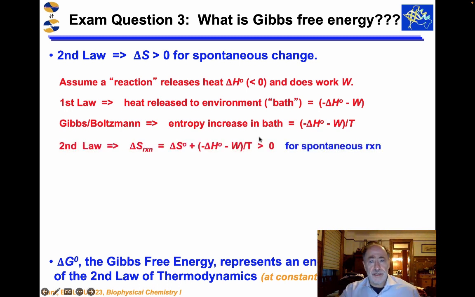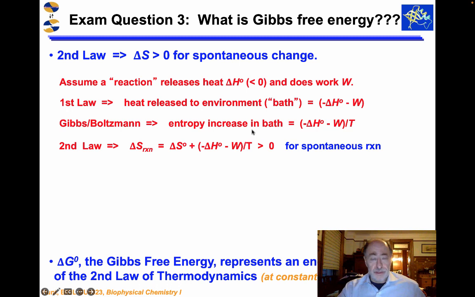Okay, the second law says for something to be spontaneous, the total entropy change has to be greater than 0. So where do we get the total entropy change? Well, one important component of the entropy change is the change in the entropy of the energy distribution, which is essentially the entropy of the heat distribution in the solution, which we're calling the bath.